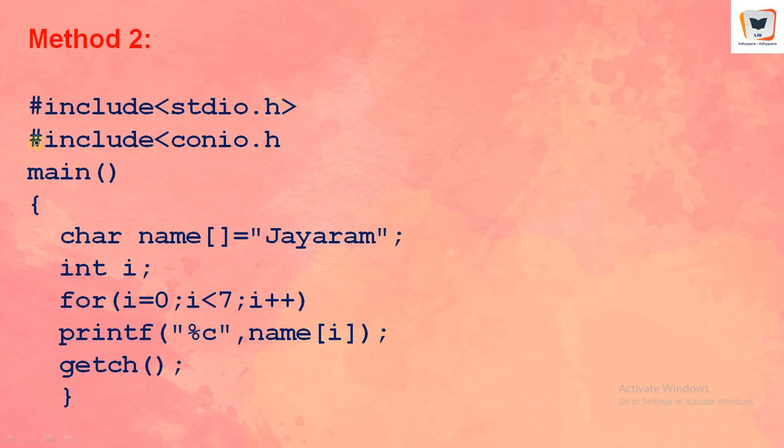Method 2 of printing a string. char name equals Jayaram, int i. We are going to print here character by character. Therefore, we use a for loop: i equal to 0, i less than 7, i plus plus. We should know the length of this previously.